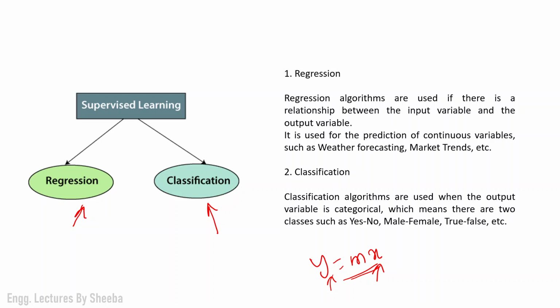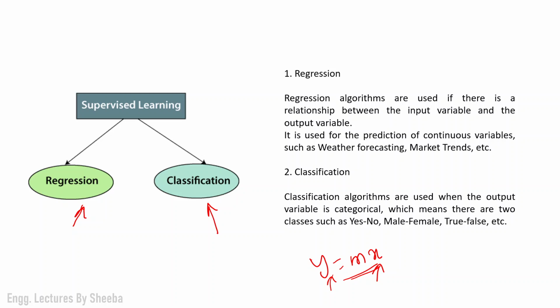Regression algorithms can be used for the prediction of continuous variables, such as weather forecasting, market trends, etc. But in the case of classification algorithms, we use them when we want the output variable to be in categorical form, that is, there are certain classes like yes or no. The output can be yes or no, male or female, or true or false.